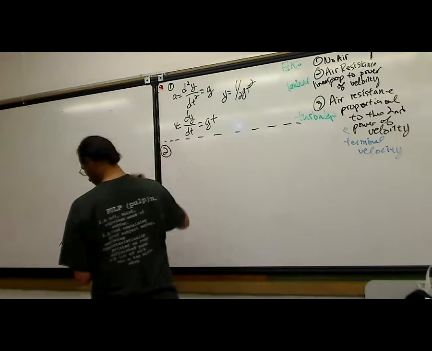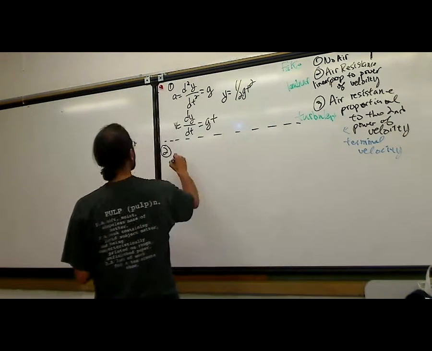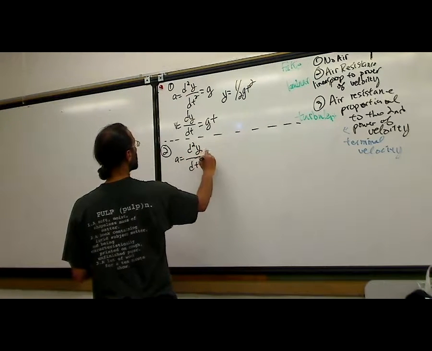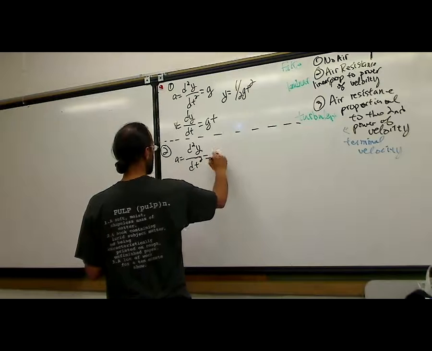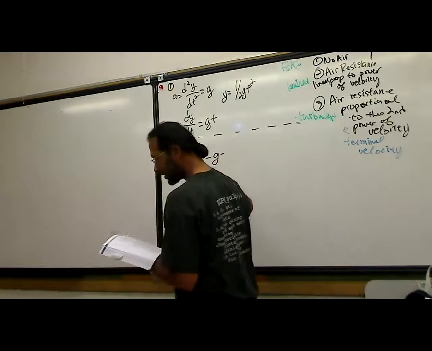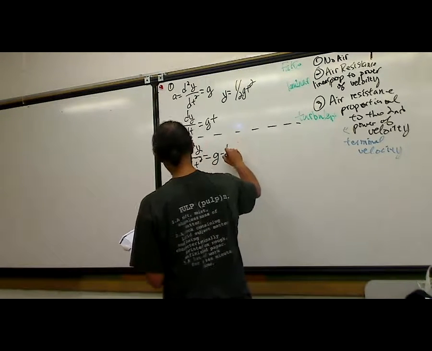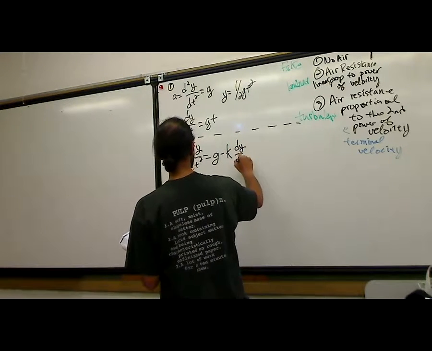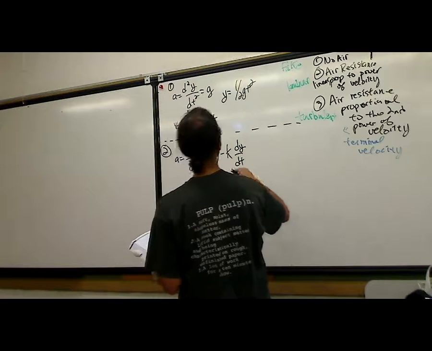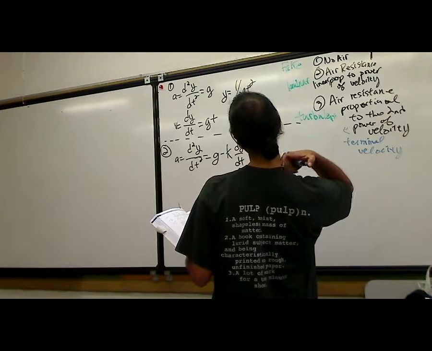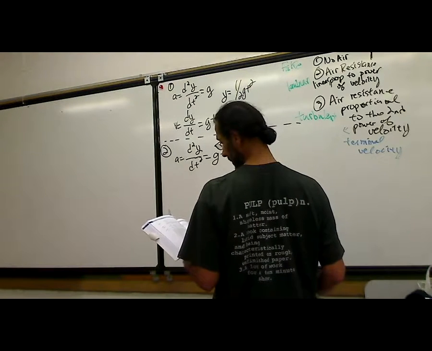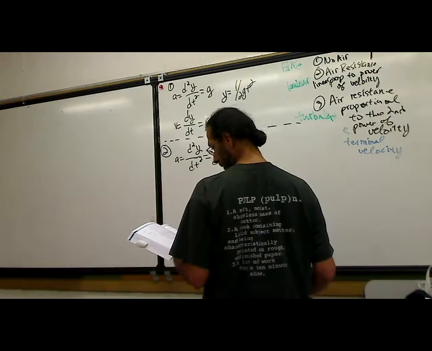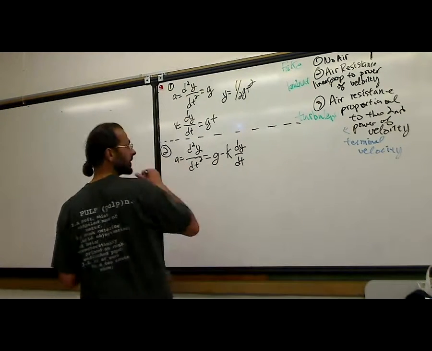Okay. Second situation. We're starting with g and modifying it with this k dy/dt. So that's strictly linear. And k is the air drag parameter.